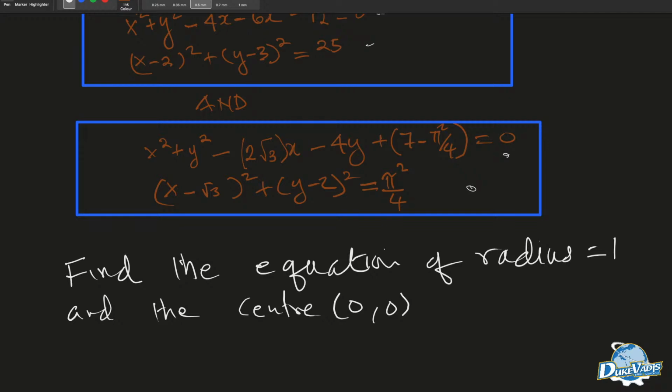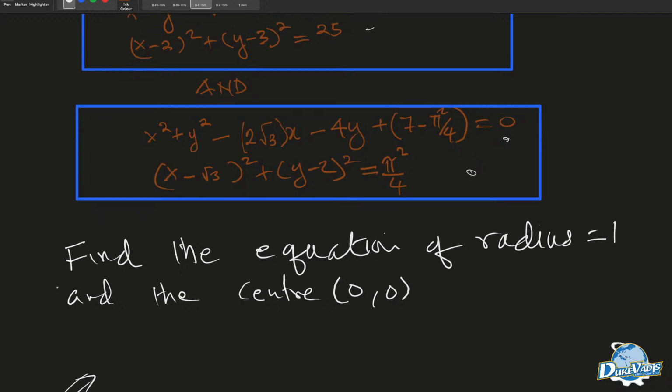So we know that the radius r is equal to 1.